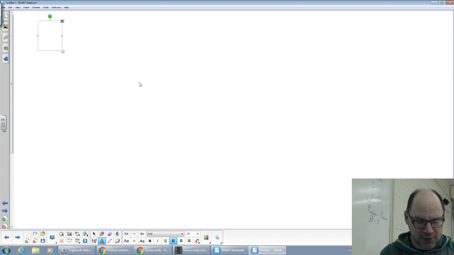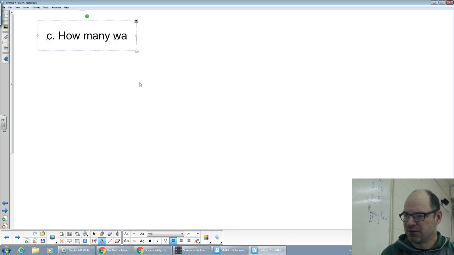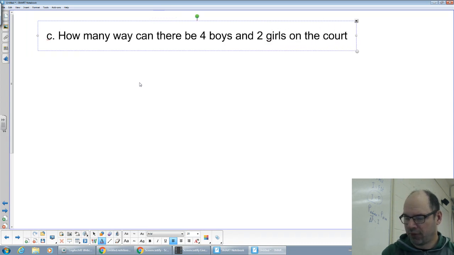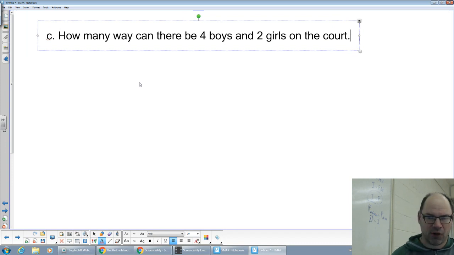Let's say, how many ways can there be 4 boys and 2 girls on court? You can pause it there and give it a try. It's similar to B. And then I think we'll set up a new problem for cases. So give it a pause, try that out, and then we'll work it out.